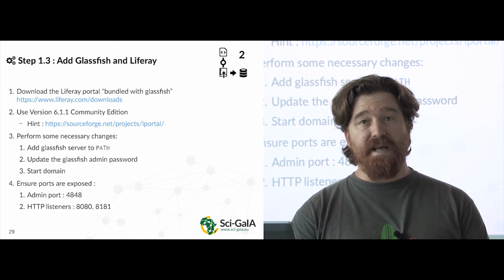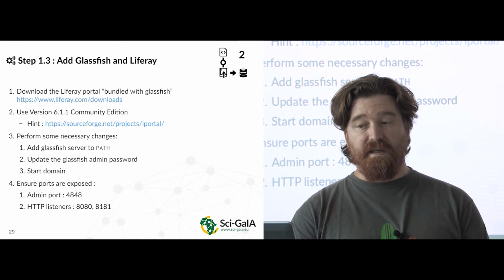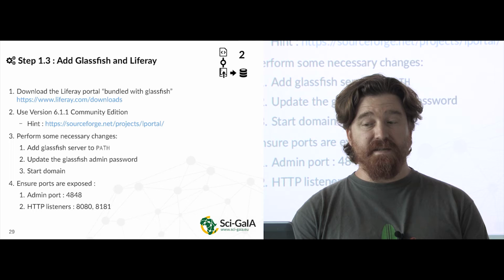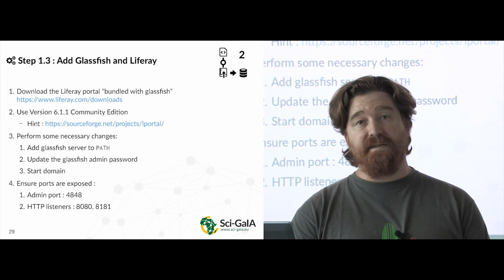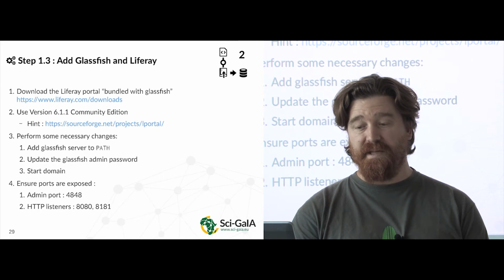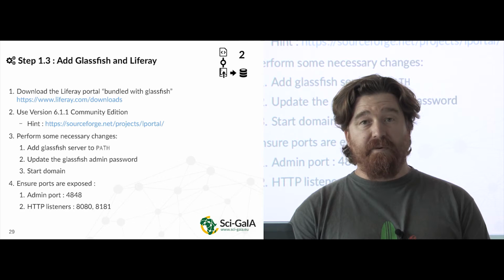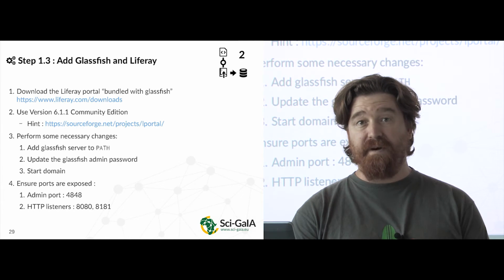First of all, you need to download the Liferay application, and I've given you the links here where to get that from. Second, you need to ensure that the necessary changes are made to the environment and that you update the Glassfish admin password to whatever you want it to be set to. Finally, before exiting the container, you need to ensure that the Glassfish domain for Liferay has been started.